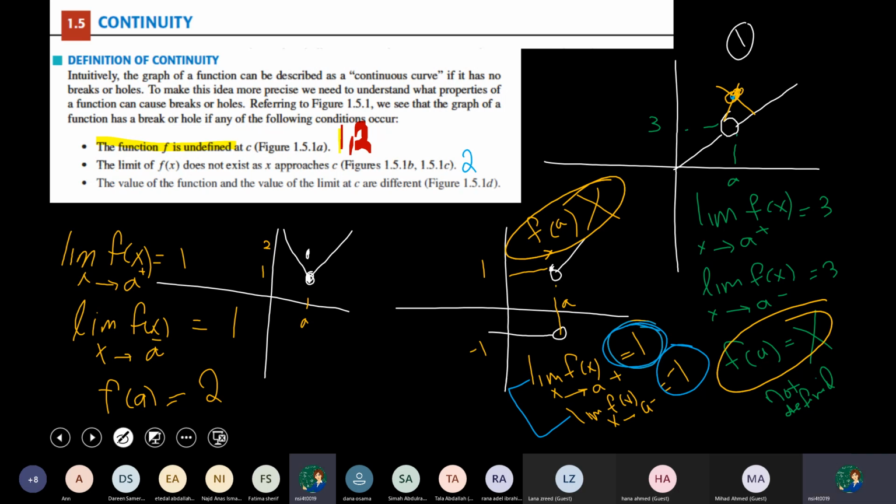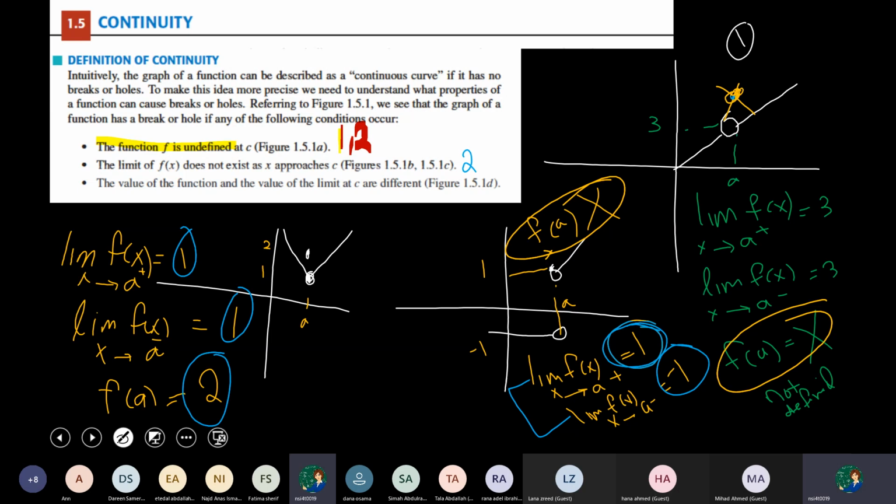And the last one: the limit exists, as you see here, but it does not equal the value of the function.